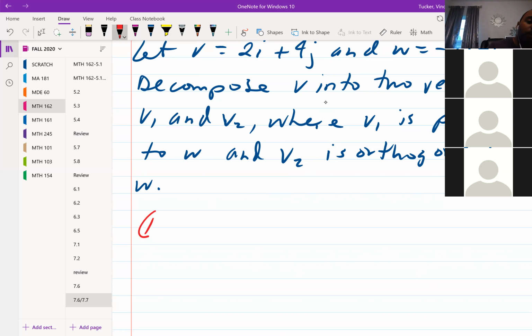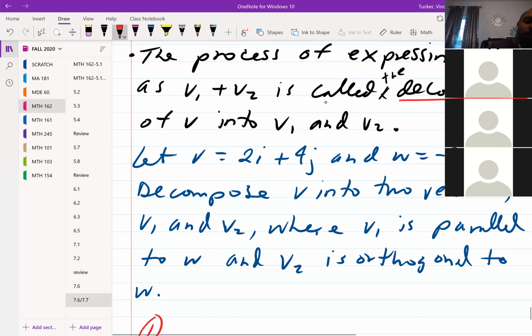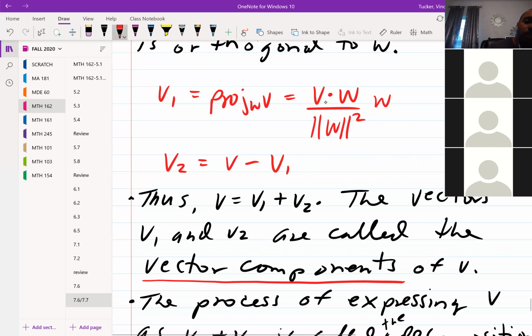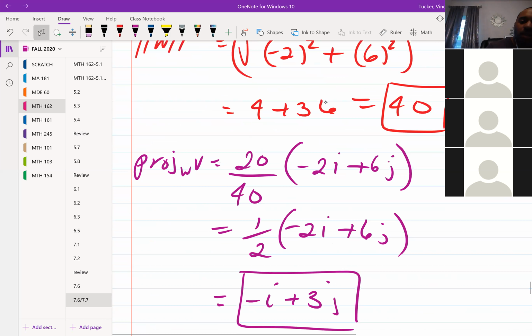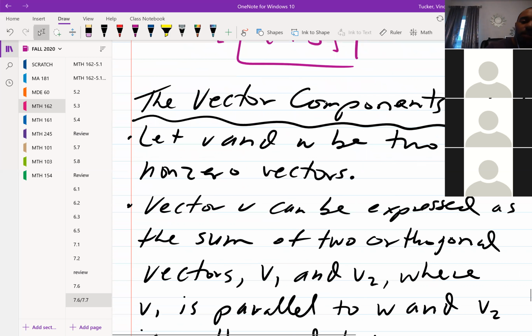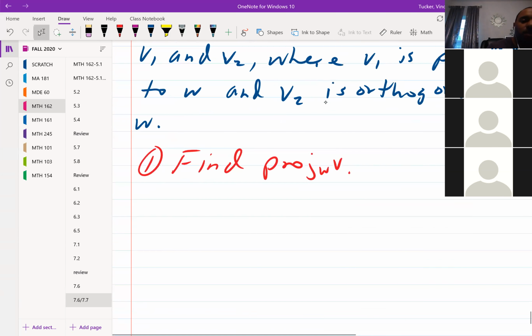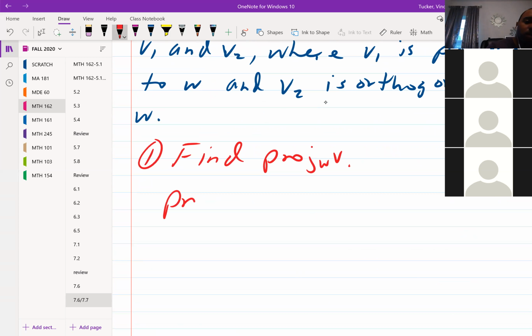The first step in this process is to find the projection of v onto w. And we already found that, which was -i + 3j. So we won't go through that process again.